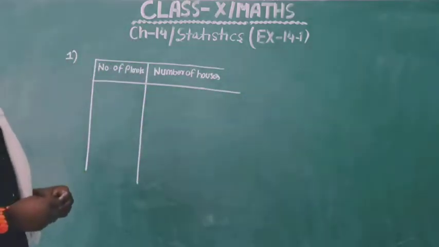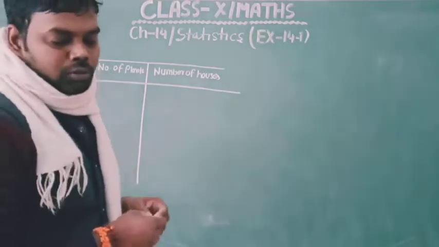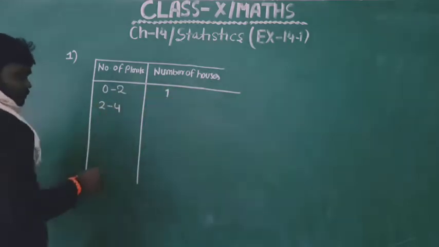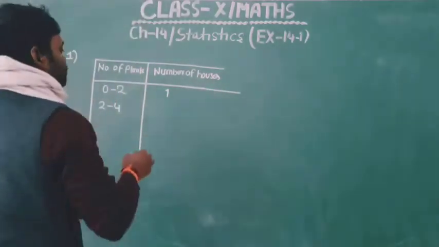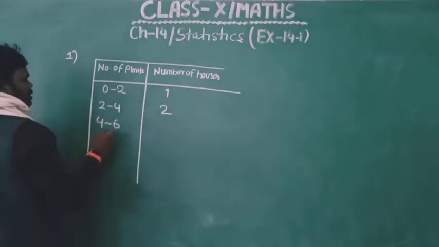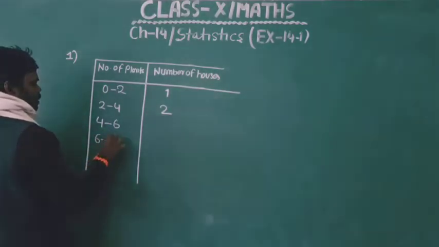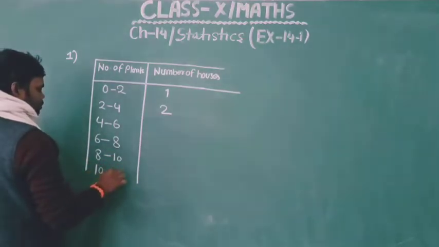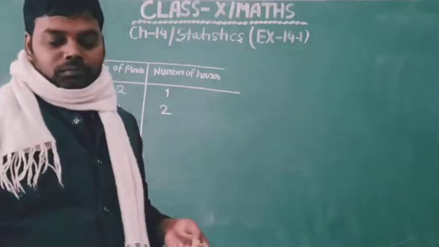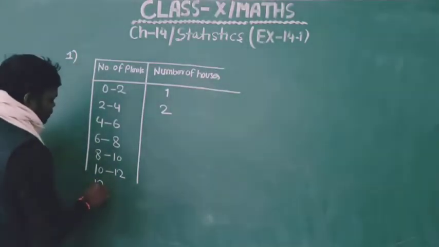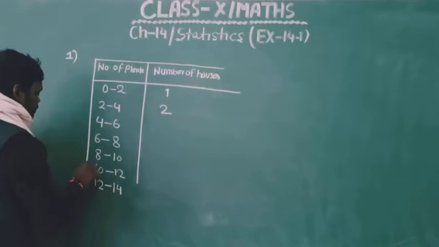The number of plants is given to us in interval form: 0 to 2 plants, one house; next 2 to 4 plants, the number of houses 2; 4 to 6, 6 to 8, 8 to 10, 10 to 12, and 12 to 14.